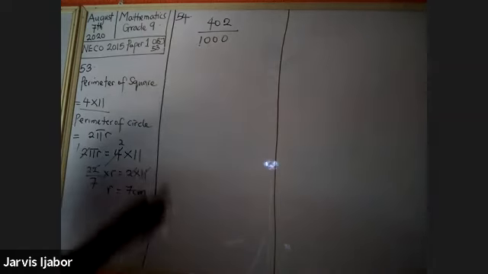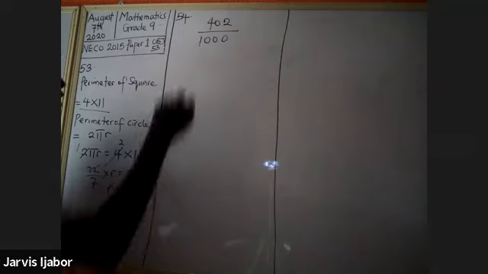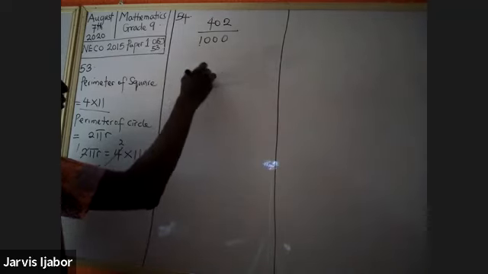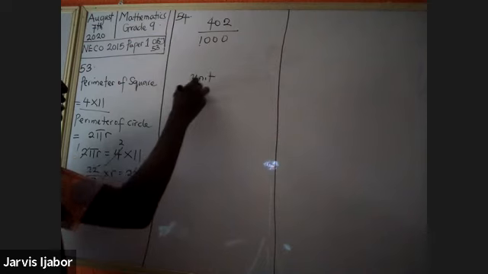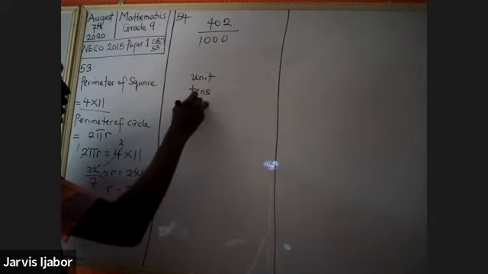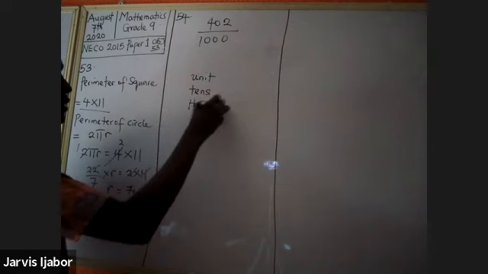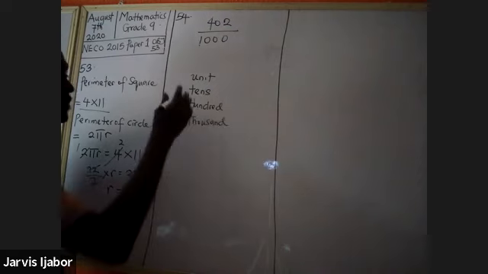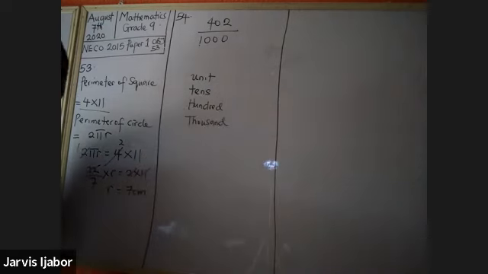Just as a way of reviewing this, if I say units, there's tens, there's hundreds, there's thousands. All these values are increasing.